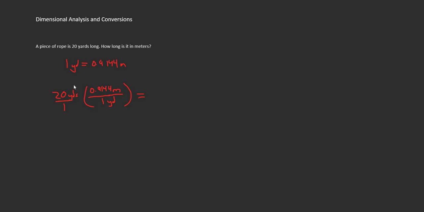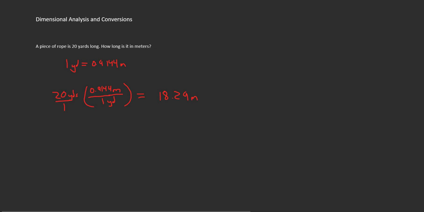So you'll multiply through the top, multiply through the bottom, and then divide the top by the bottom, if that made sense. I'll give you a second to do that. And you should get your answer as 18.288. So I'll just round that up to 18.29 meters. So that's how many meters we have.